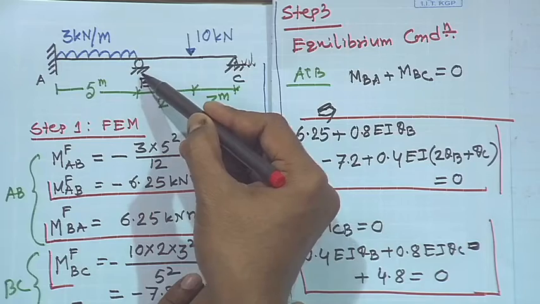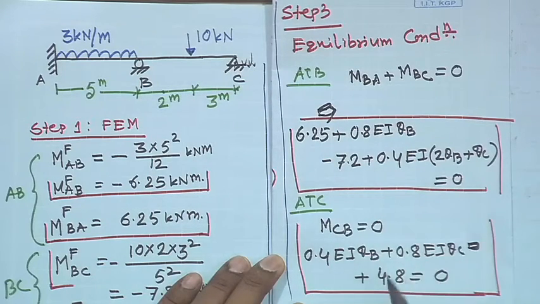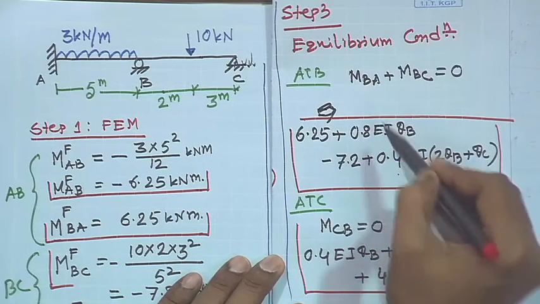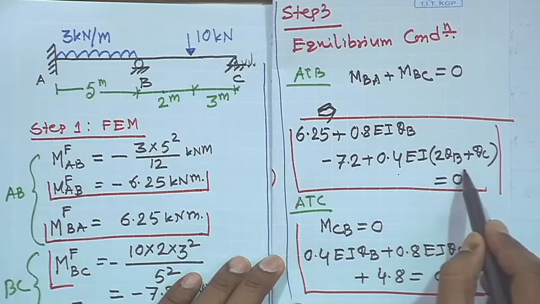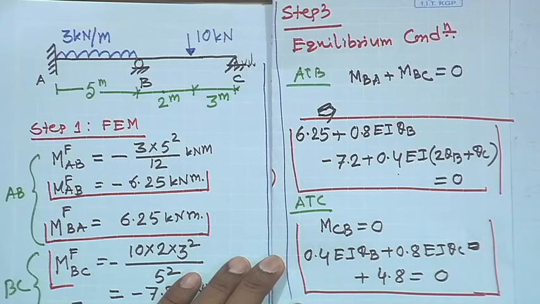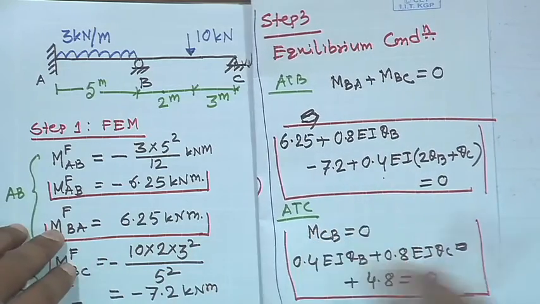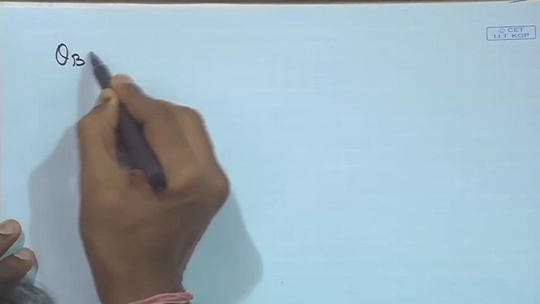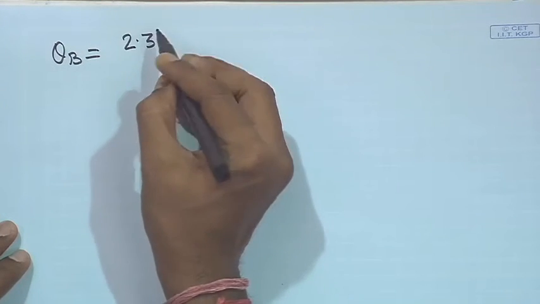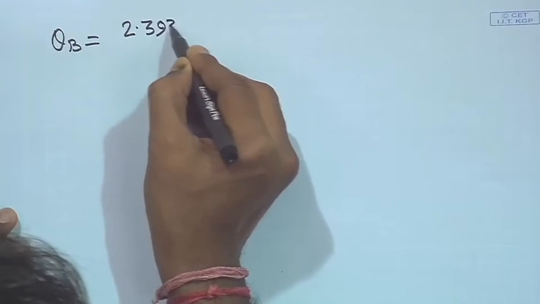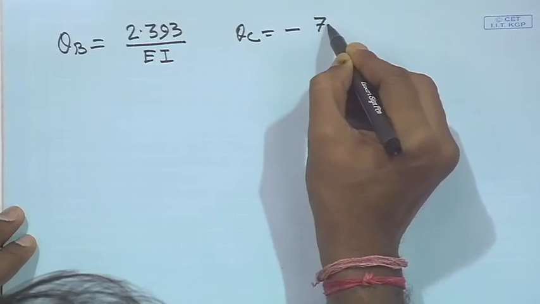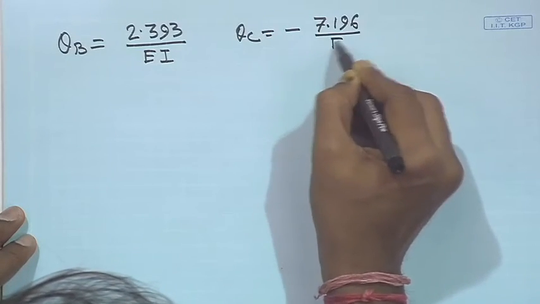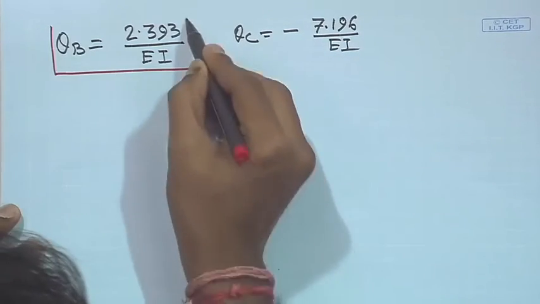We have two unknowns, rotation at B and rotation at C. So, we have two equations: this one applying equilibrium at joint B, and this one applying equilibrium at joint C. We have two equations and two unknowns, theta B and theta C. If we solve them, we get theta B is equal to 2.393 by EI, and theta C is equal to minus 7.196 by EI.